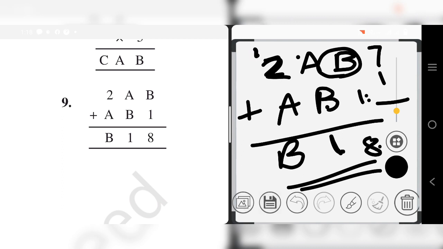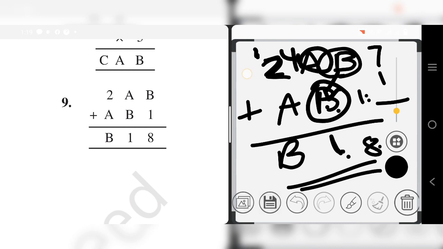Okay, so if we add A and B, we should get 11. Already we have found the B value, that is 7. So 7 plus A should come 11. 7, 8, 9, 10, 11. So the value of A is 4. 4 plus 7 is 11. 1 carry.